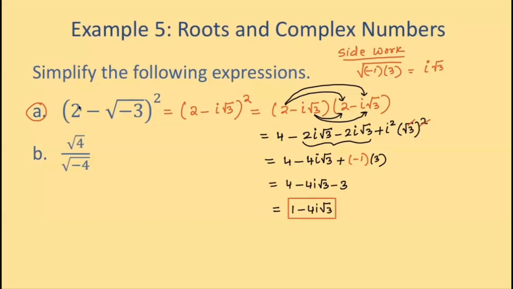Although they have given the question in this format, there is no I in the question. In fact, I was hidden there because square root of negative 3 is in fact I root 3. That's why this is a complex number multiplied with itself, and when you do that multiplication, we get a complex number also.